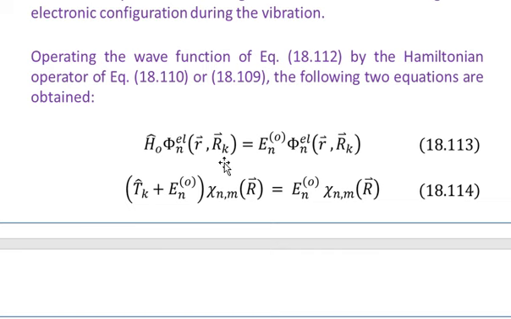And you know that these two equations have been written under the Born-Oppenheimer approximation. Because we are assuming that the Born-Oppenheimer approximation holds, and under that condition we have written these two equations.